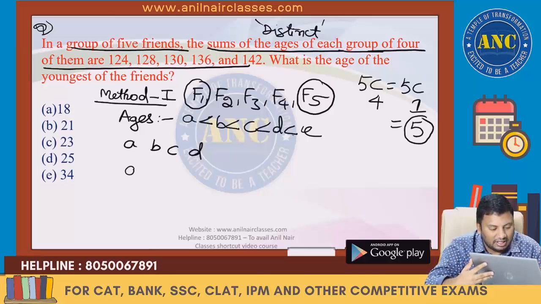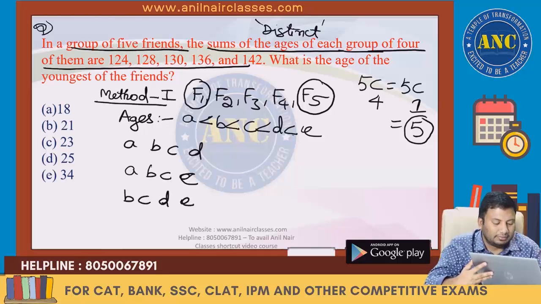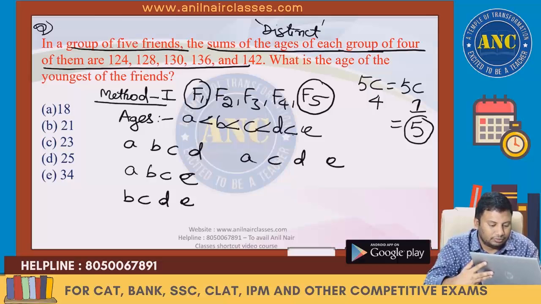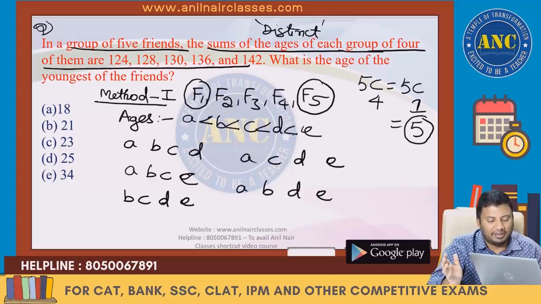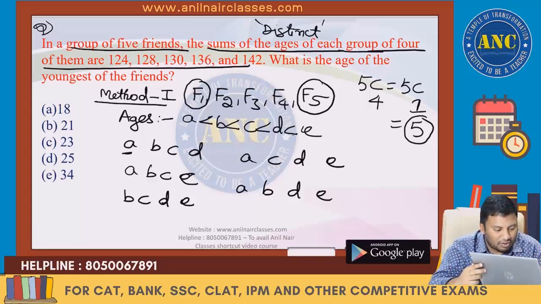A, B, C, D; A, B, C, E; B, C, D, E; A, C, D, E; A, B, D, E. Every value is added with another 4. A should come 4 times: 1, 2, 3, 4.